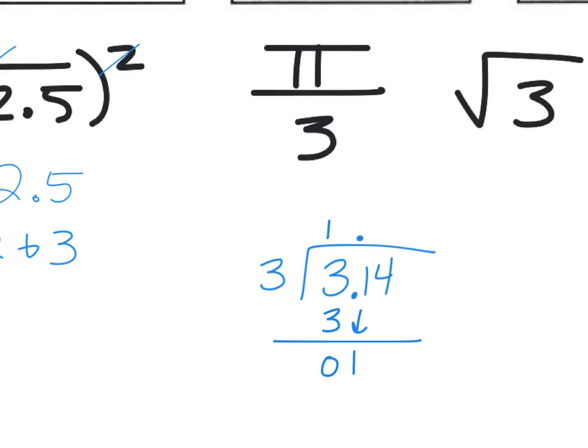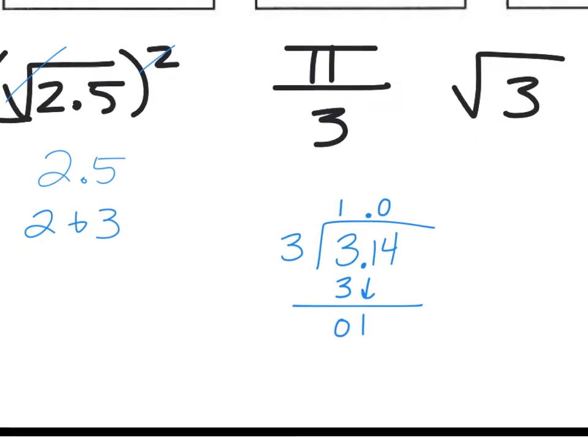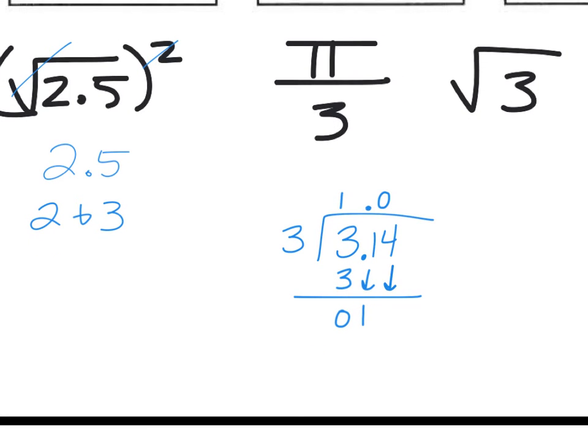How many times does 3 go into 1? 0. So I put a 0 up top. That didn't really work out, so let's bring down the 4. 3 goes into 14 how many times? 4. And 3 times 4 is 12, so you write down the 12 and you subtract.